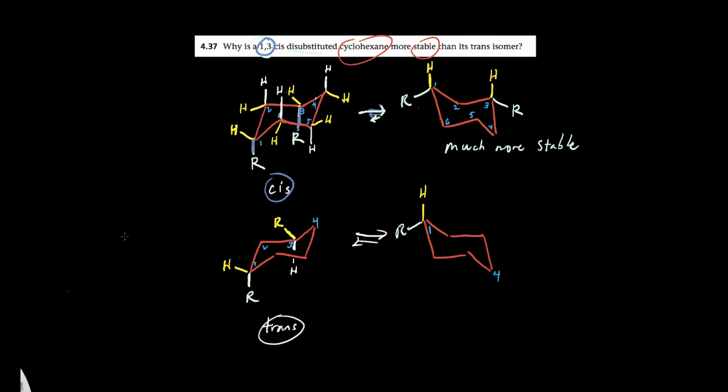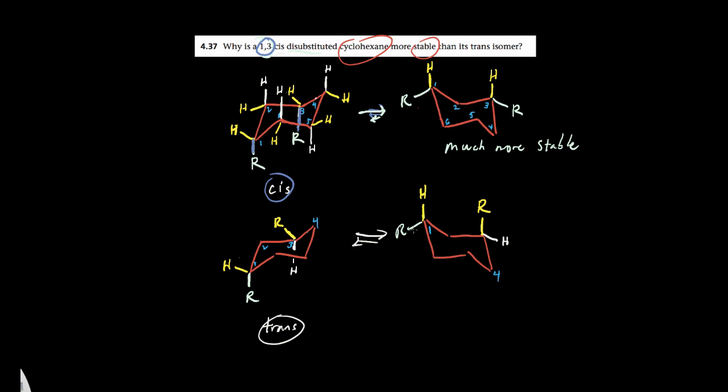Since they're trans at the 1 and 3 position, this hydrogen was yellow here, so I'm going to keep the color in the other flipped form. The R group was yellow there, and the hydrogen was white on carbon 3.